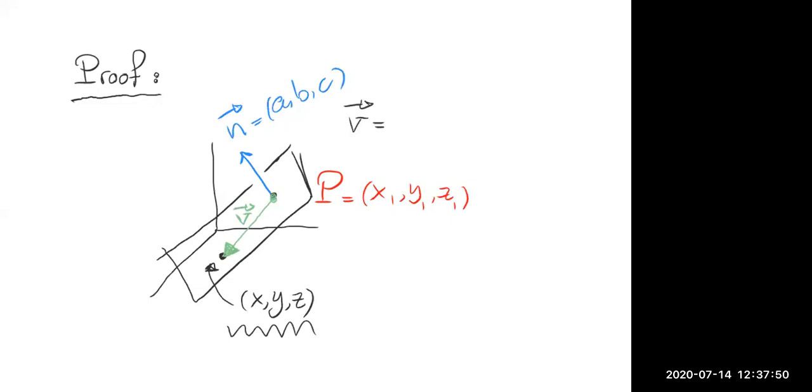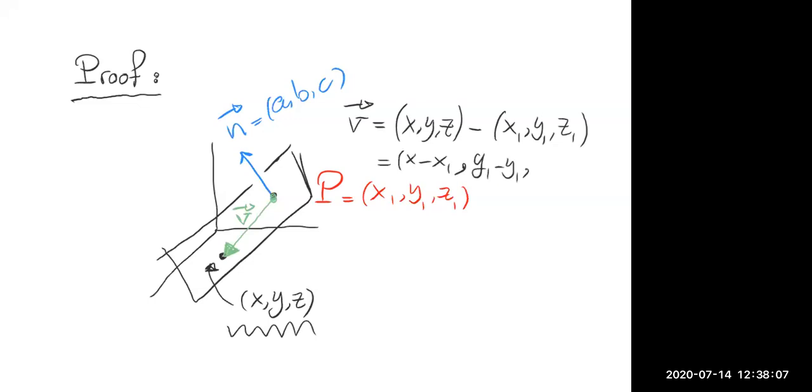What are the coordinates of v? Well, if you remember, the coordinates of a vector are the terminal point minus the initial point, which is x minus x1, y minus y1, z minus z1, right? On the other hand, n is the normal vector, so n is orthogonal to every vector in this plane because it's orthogonal to the plane.